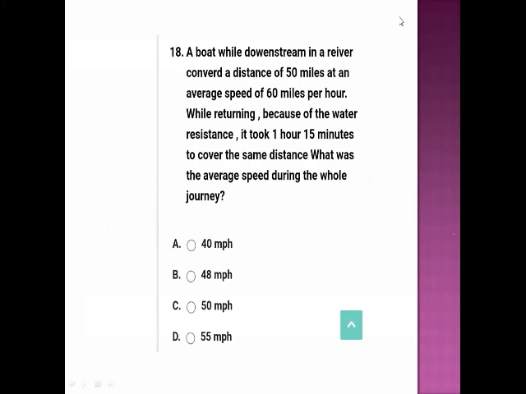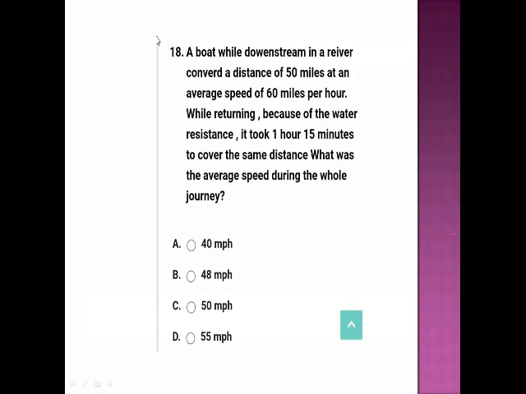So the question is, you can see here: a boat while going downstream in a river covered a distance of 50 miles at an average speed of 60 miles per hour.